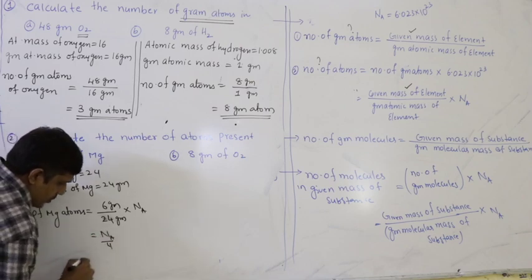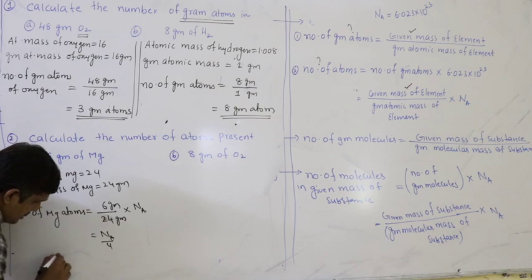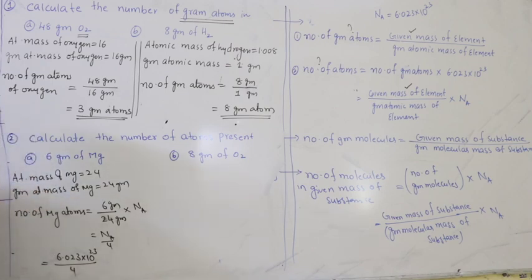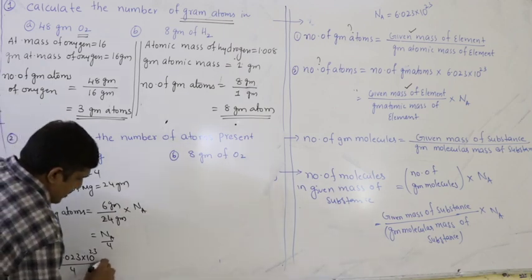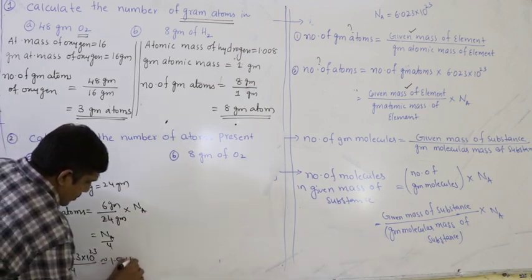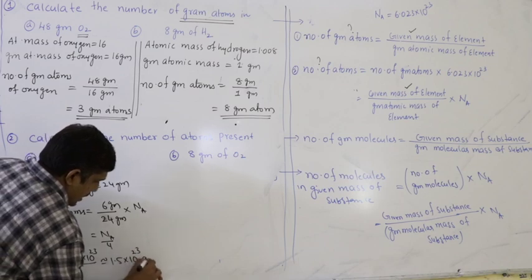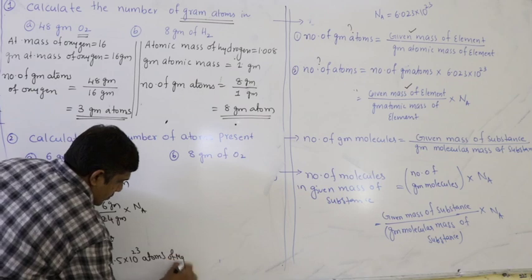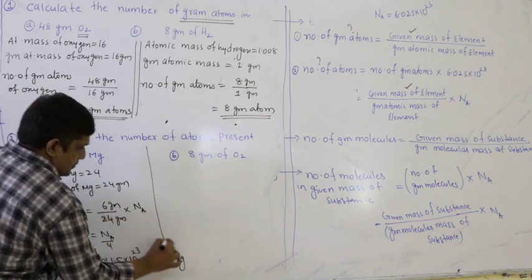What is Na by 4? 6.023 into 10 power 23 by 4. So 6 by 4 is approximately 1.5 into 10 power 23 atoms of magnesium. That will be your answer.